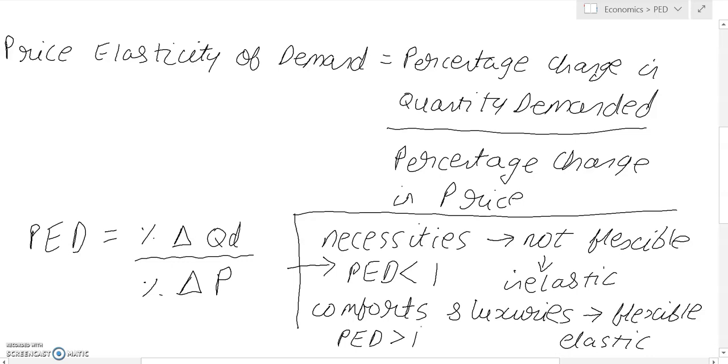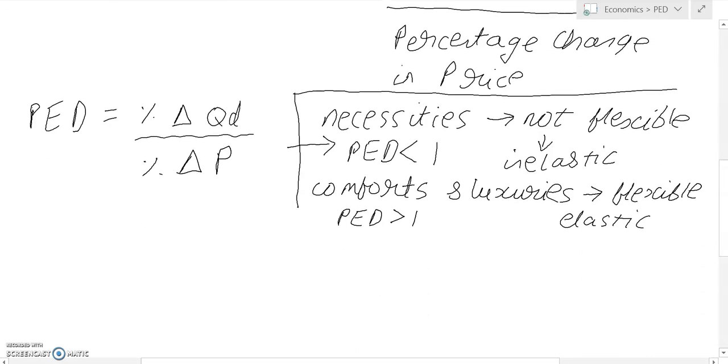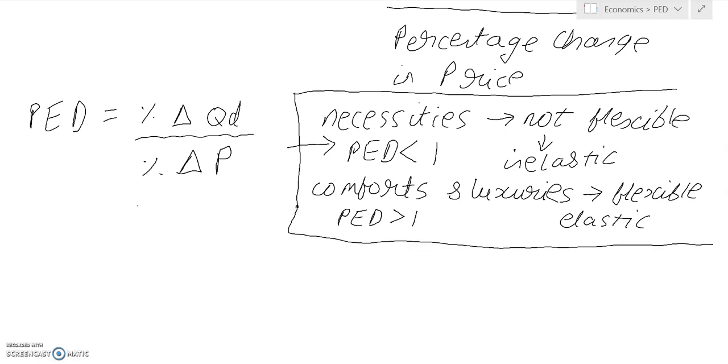Now, in the expression percentage change in quantity demanded upon percentage change in price, the triangle in both the numerator and denominator stands for delta, which means change.